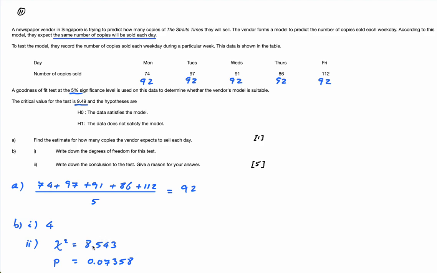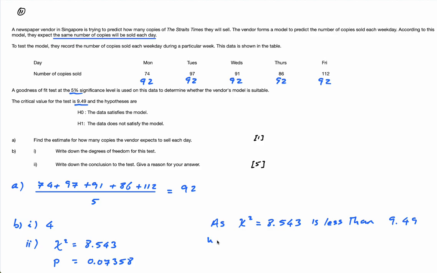You can say because the chi-squared value, chi-squared equals 8.543, is less than 9.49. Because your chi-squared value is smaller than the critical value, we cannot reject the null hypothesis. There's not enough evidence to suggest that we should reject it.